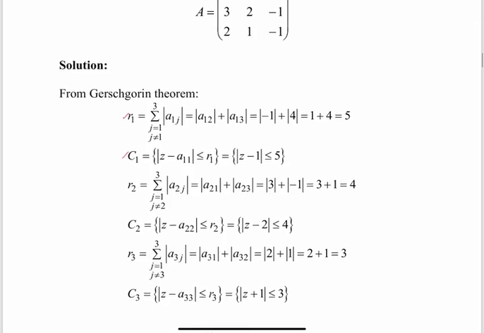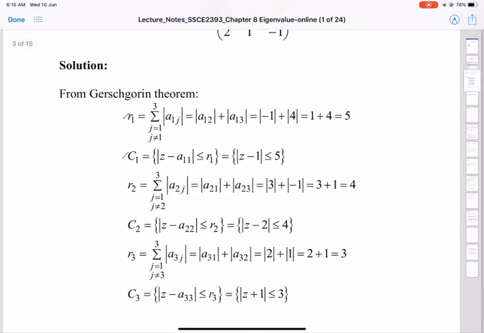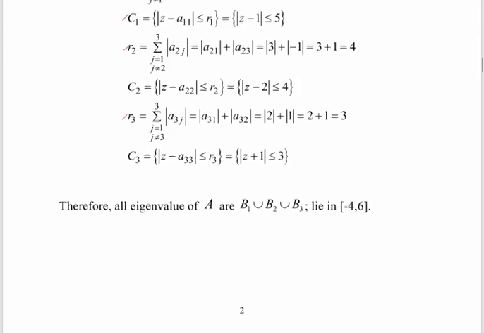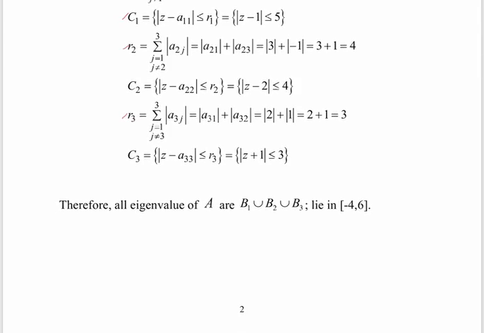Because we have 3 columns and also 3 rows, we have R1, R2 and also R3, and the same for the center. Then we can identify where our eigenvalues are located. So this is example 1.